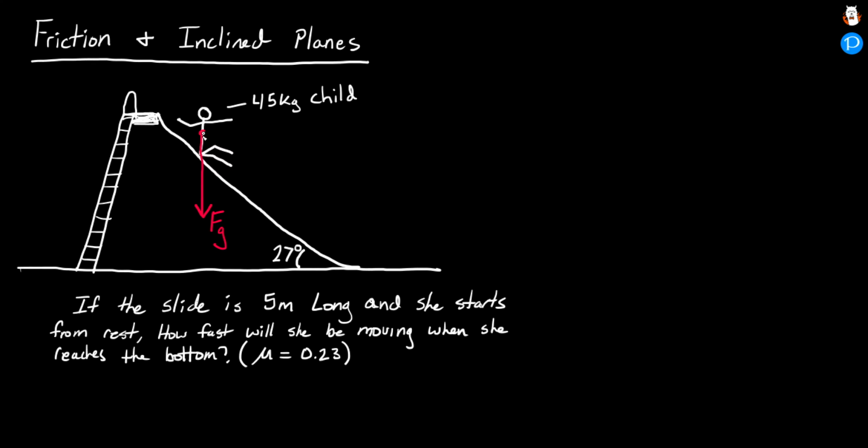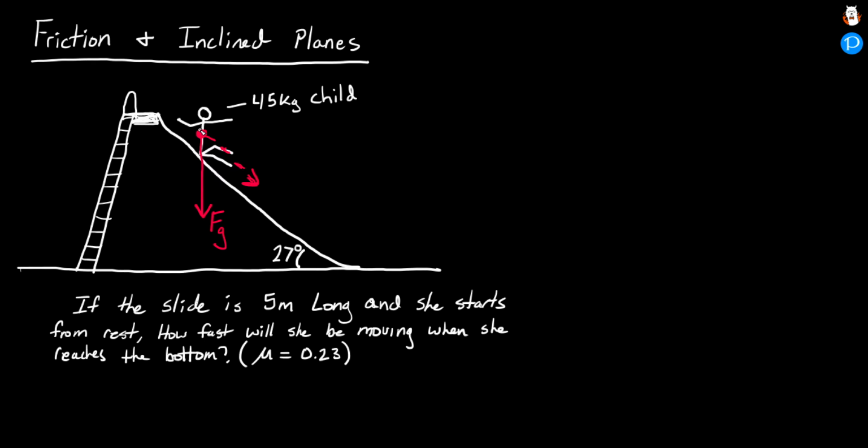We also know that in problems where we have inclined planes, gravity is going to be broken up into two different things. The first thing it's going to be doing is pulling straight down the slide.